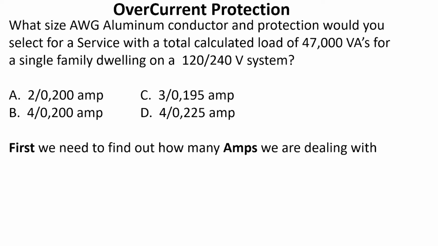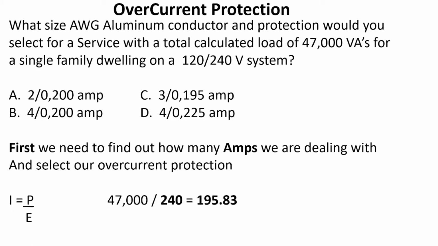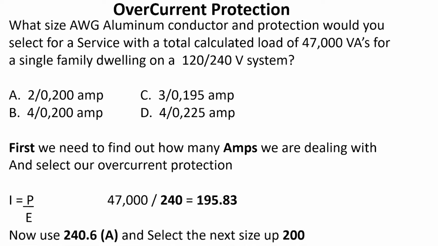So first we need to find out how many amps we're dealing with, and then select our overcurrent protection. So we just use Ohm's law, and we know our power and our voltage, and we need to find our current. So we'll divide 47,000 by 240. That equals 195 amps. We're going to go to our standard breaker chart of 240.6(A), and we're going to choose the next size up, which is 200 amps.